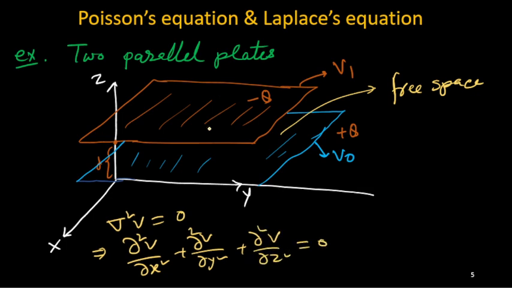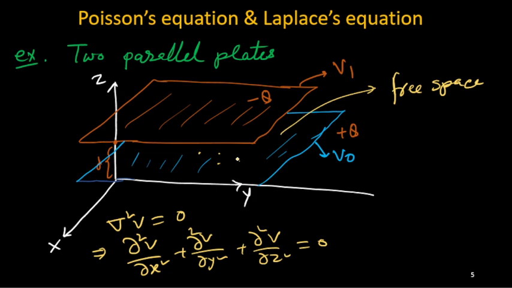Now as these two plates are infinite planes parallel to the xy plane, I can assume that the potential V at any point in between is symmetrical, independent of x and y. It could be a function of only z.